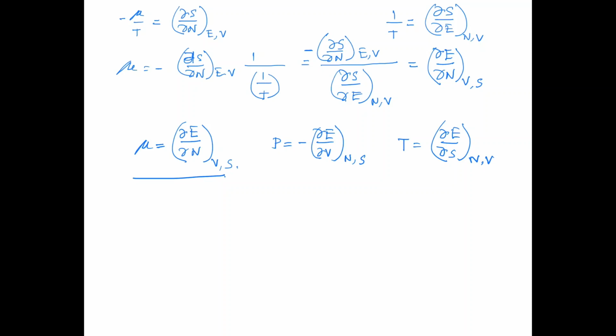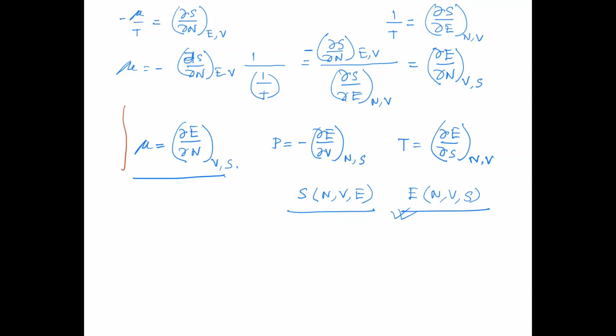This should be possible, at least in principle, once S is known as a function of N, V and E. We have already mentioned that S will be a function of N, V and E. Once we know this S, it is possible to write E as a function of N, V and S. And once we write E as a function of N, V and S, we can find out mu, P and T from this relation.